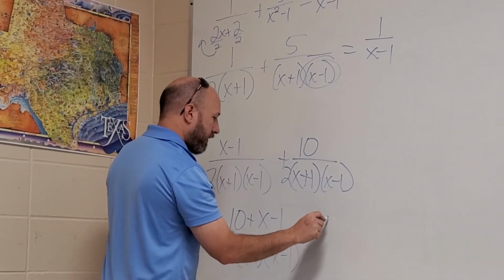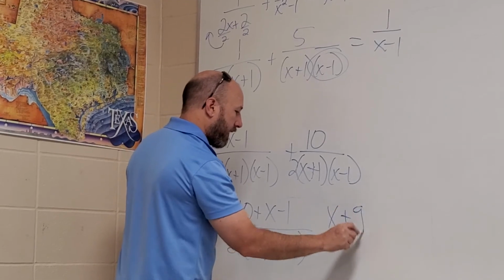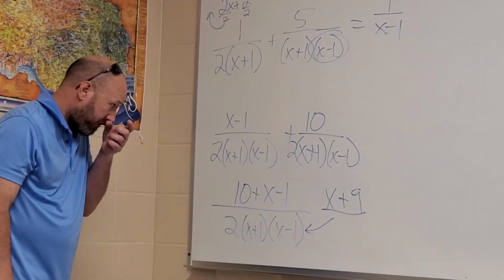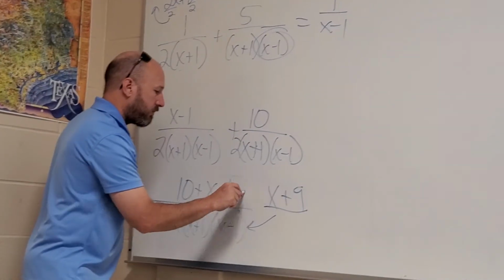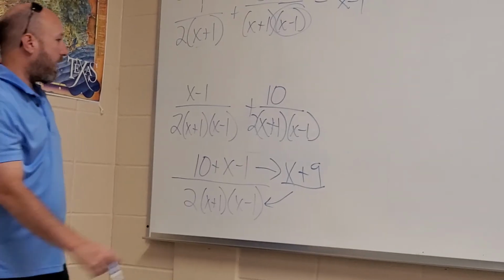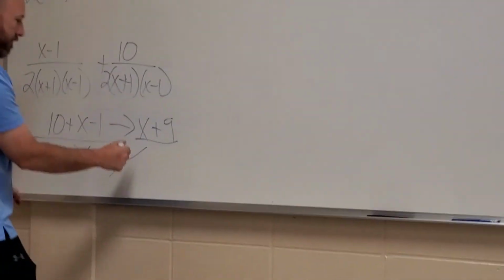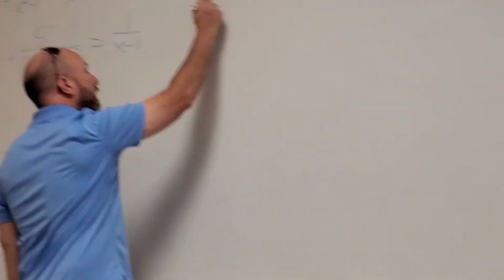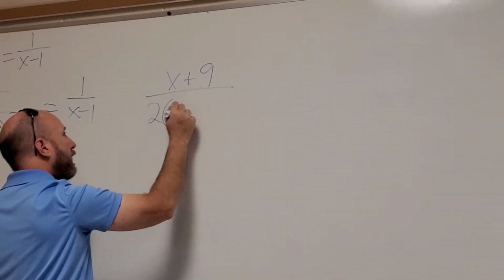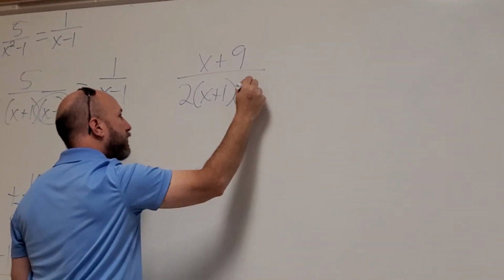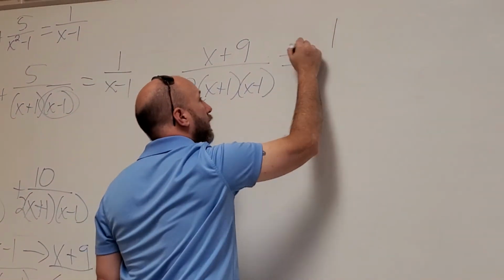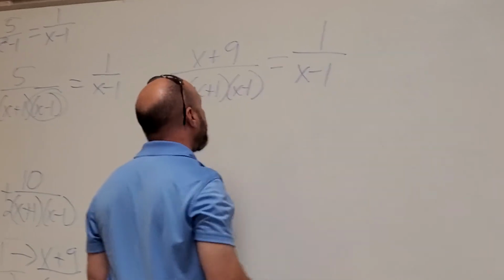So you have x plus 9 over all that. Okay, so let me rewrite our whole problem now. We have x plus 9 over 2x plus 1, x minus 1 equals 1 over x minus 1.